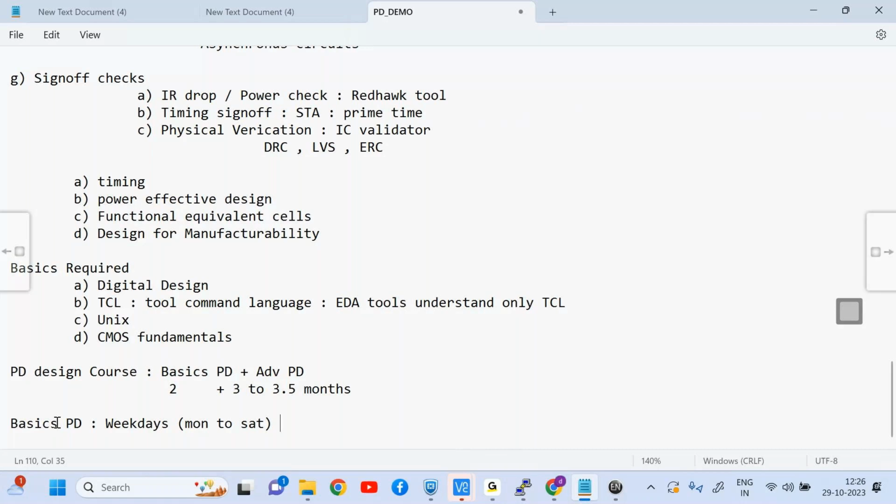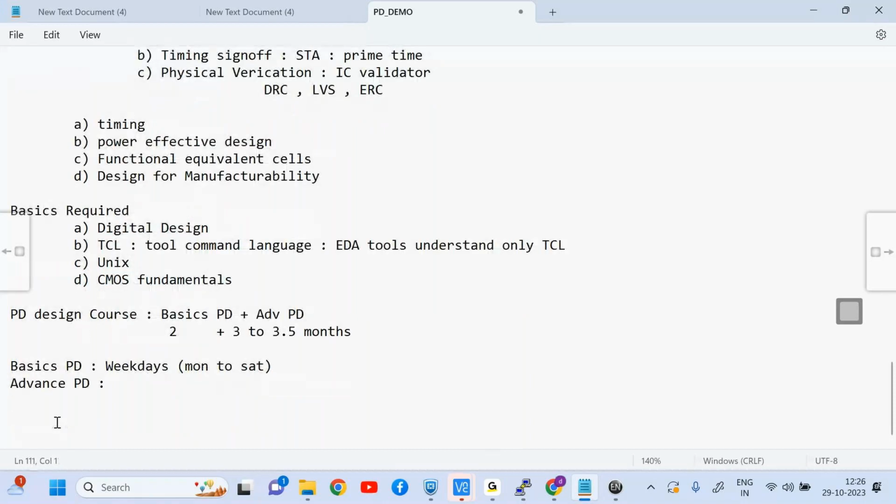For advanced PD, we have Monday to Friday. So advanced PD works with weekdays and weekends.